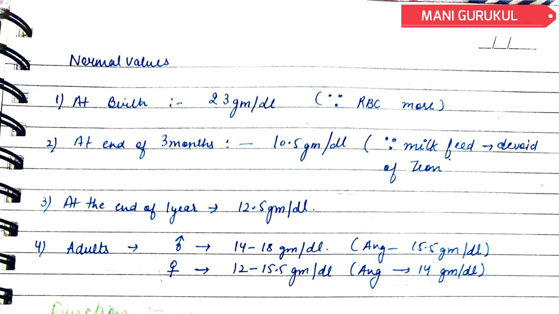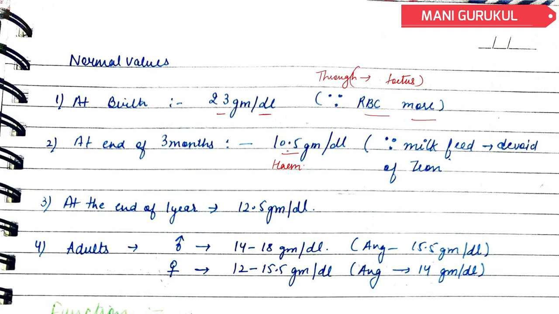At birth, it is 23 gram per deciliter because RBCs are more. Why are RBCs more? Because through the umbilical cord, mother's RBCs get transferred into the fetus. At the end of 3 months it decreases because of hemolysis of RBCs, which means rupture of RBCs.